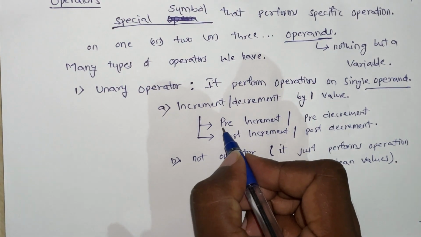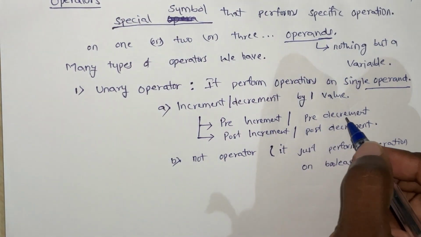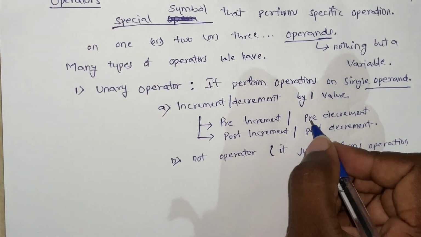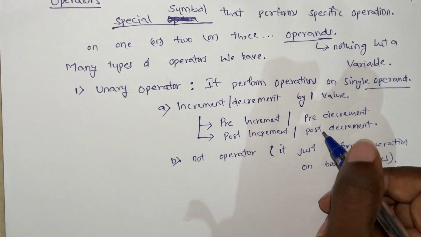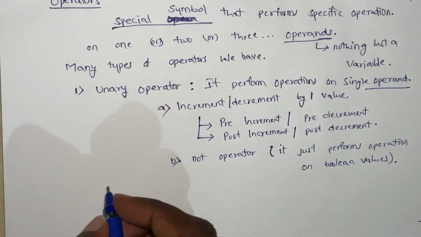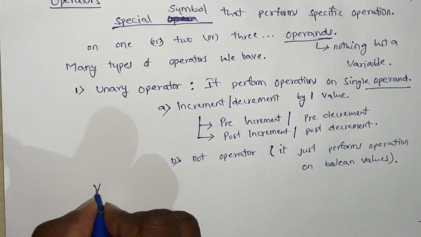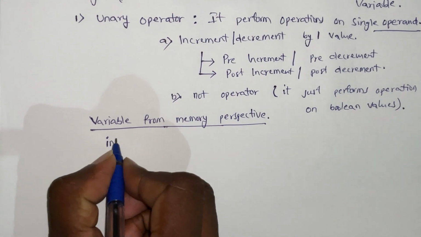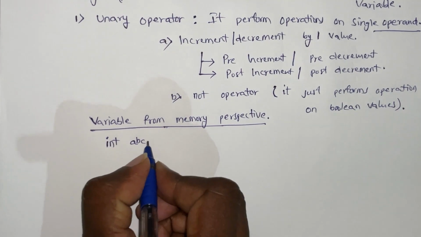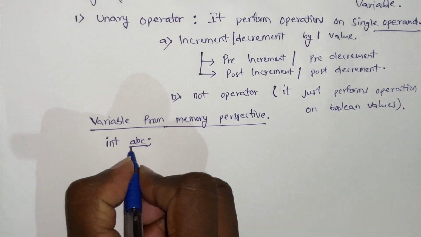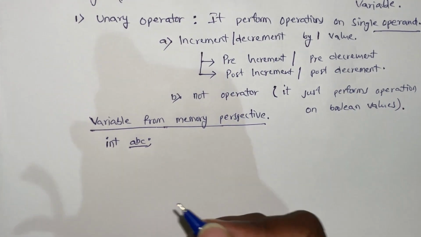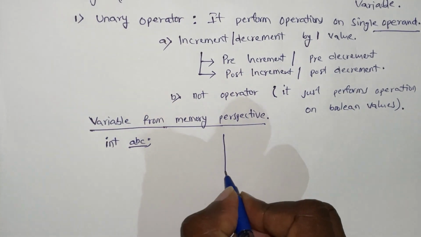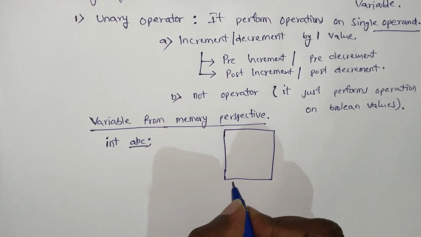In order to understand the increment and decrement process, like pre-increment, pre-decrement, post-increment and post-decrement, we need to understand a variable from a memory perspective. Let's say we define a variable of integer type: int abc, where abc is the variable name. How exactly does the memory react? Let's consider this is a memory.